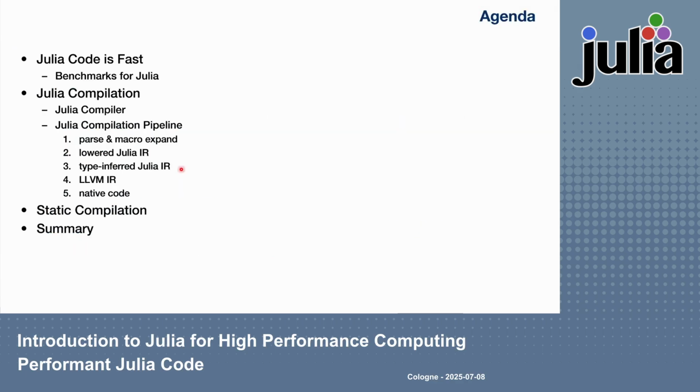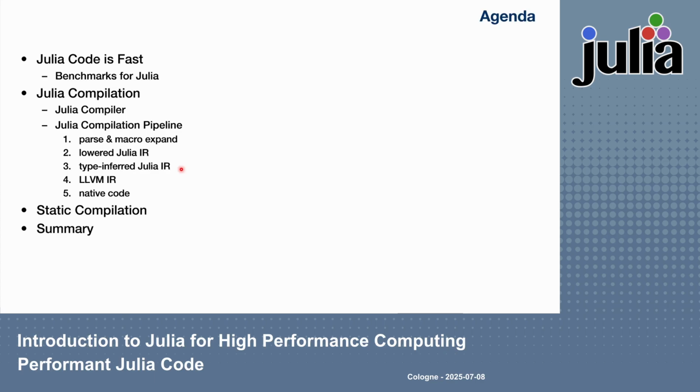So let's get started. Now we really formally start. This afternoon, there are 3 topics. The first topic is to show you Julia code is fast. Why is Julia code fast? Just trust us, and we are going to show you some real benchmarks to convince you that Julia code is really as fast as optimized C code or Fortran code, if you are a Fortran person. Then we will talk about Julia compilation by going through the compilation pipeline of Julia. This sounds a little bit advanced, but no worries.